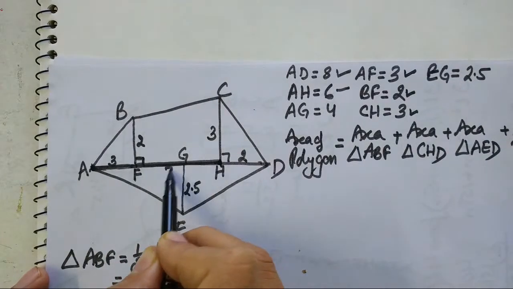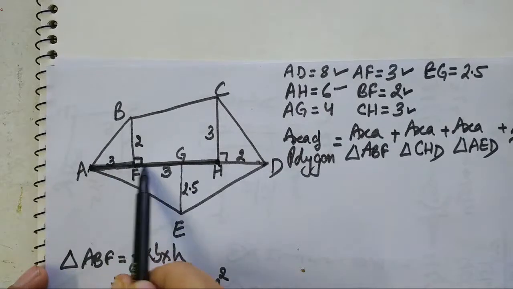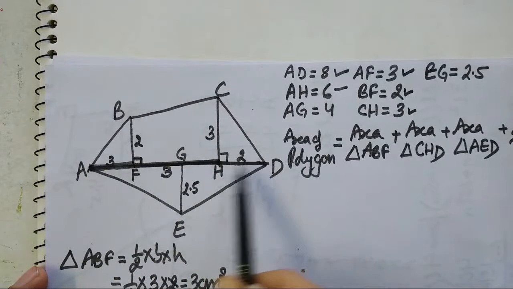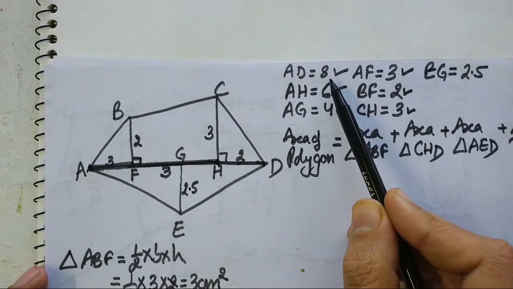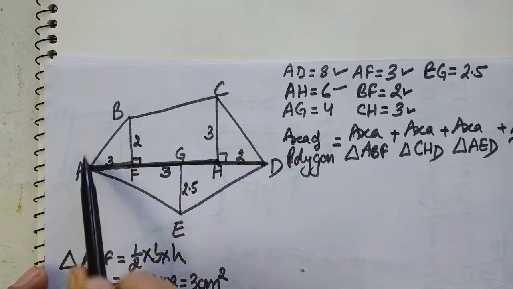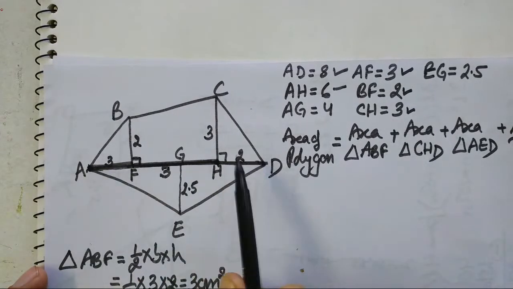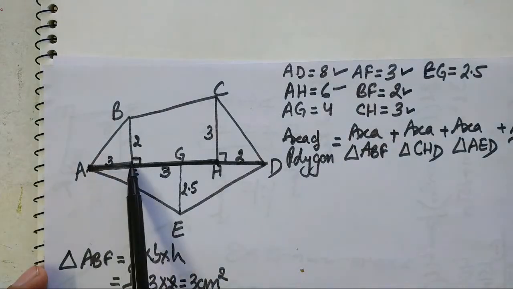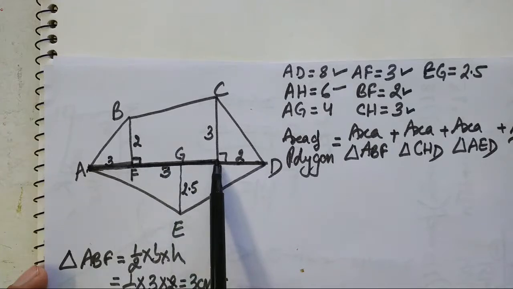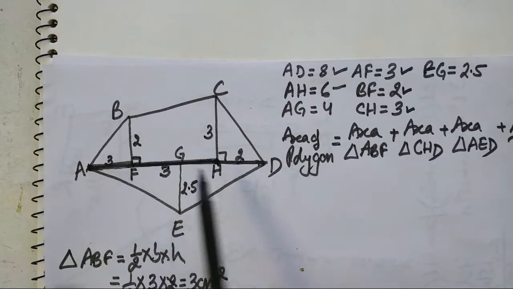This length will also be 3 because 3 plus 3 and plus 2. 3 and 3 6 plus 2 will become 8. So the whole figure will be having this length total as 8. So this is given 8. 8 means 3 is already given. 3 we have found and 2 also we have found. Now we will use it in the figure.